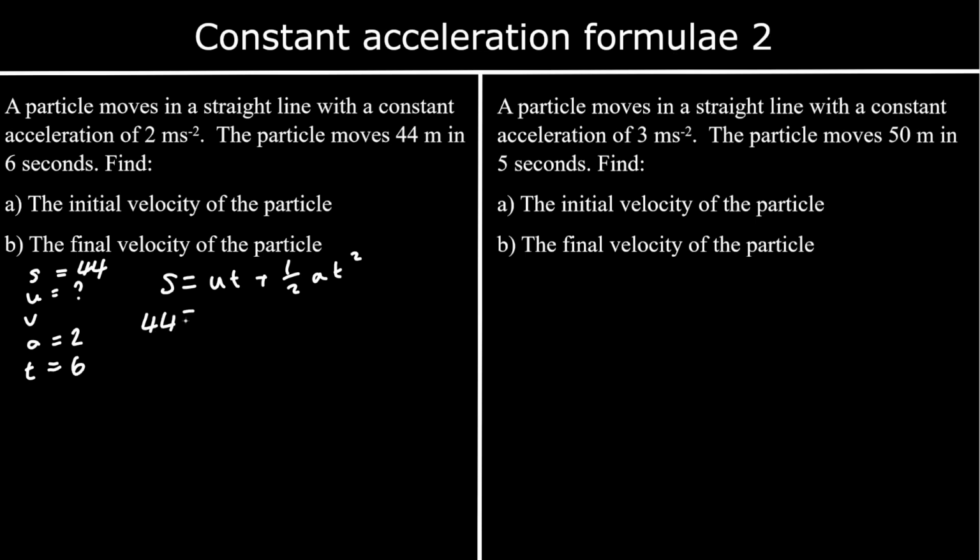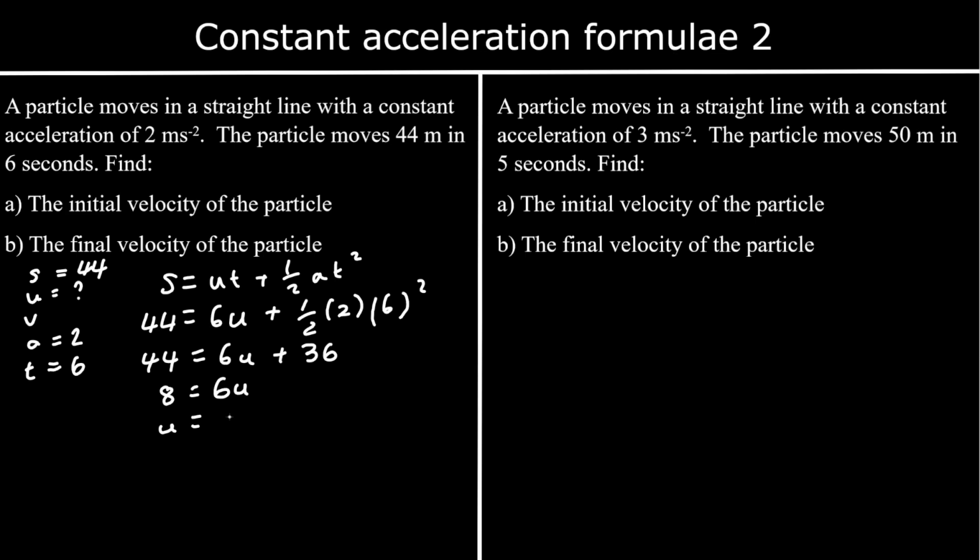So 44 equals 6 times u plus half of 2 times 6 squared. So 44 is 6u, half of 2 is 1, 6 squared is 36. So take away the 36, that leaves us 8 equals 6u. So u must be 8 over 6, or 4/3 meters per second.